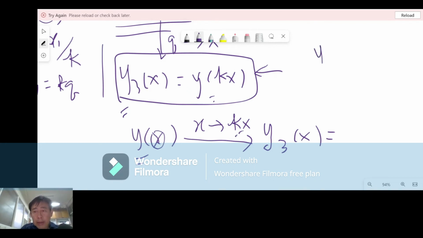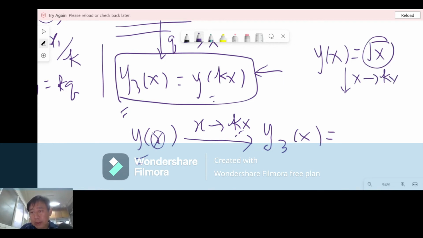So the y function is the square root of x. If you replace x by kx, then what you get is an expression in kx. So here the function y3 is just the function y with x replaced by kx, which is just the square root of kx.